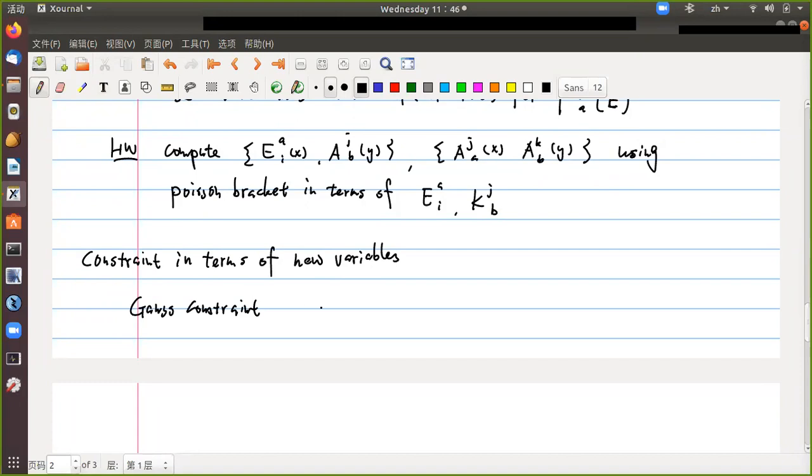Okay, and this Gauss constraint G j, right? On the constraint surface, this Gauss constraint equals 0, and G j by definition is beta. Well, before it has no beta as a coefficient, but right now I just rescale the Gauss constraint by adding a beta. Well, a constraint multiplied by a constant is still a constraint.